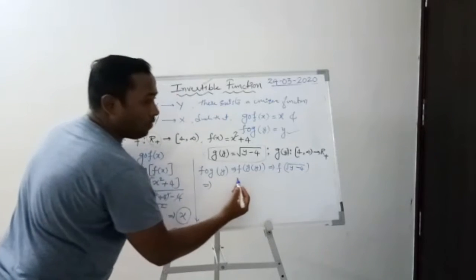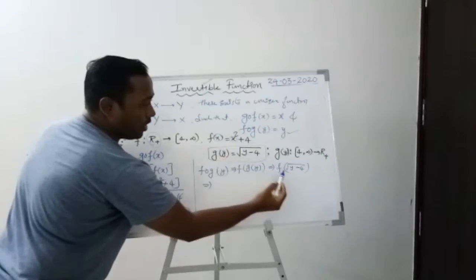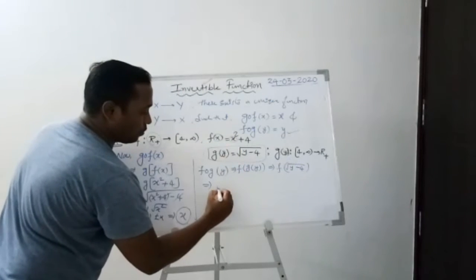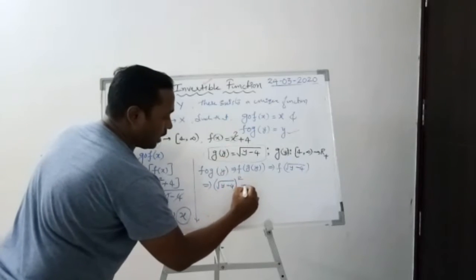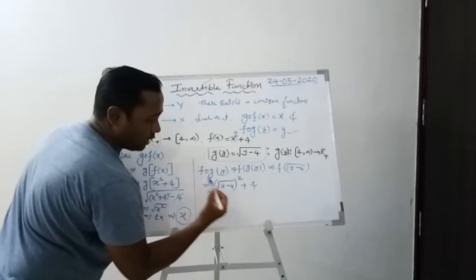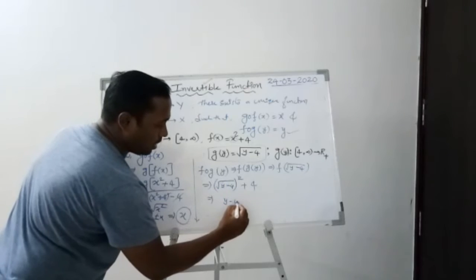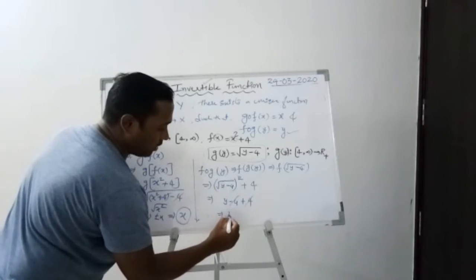f of under root of y minus 4 means in place of x we are going to substitute under root of y minus 4. So it will give under root of y minus 4, the whole square, plus 4. Hence here the square and root get cancelled. So y minus 4 plus 4 is left. Minus 4 plus 4 get cancelled.